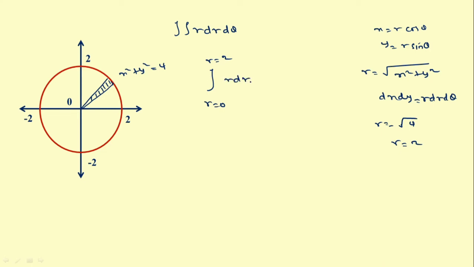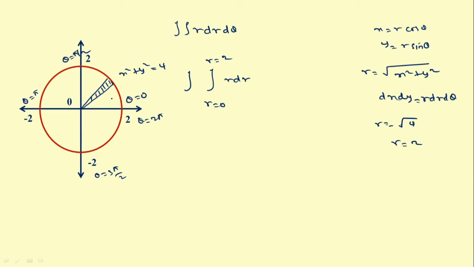r into dr. Now theta. Here the radial strip starts from theta equal to 0 and comes to theta equal to pi by 2, then theta equal to pi, then crosses theta equal to 3 pi by 2 and ends with theta equal to 2 pi.